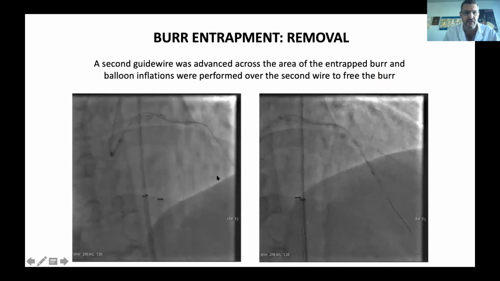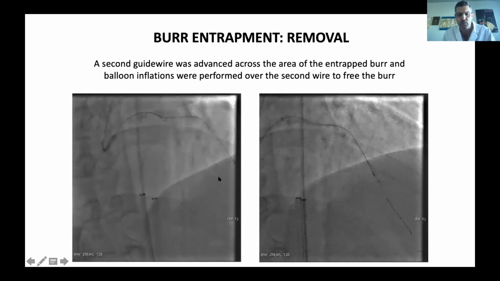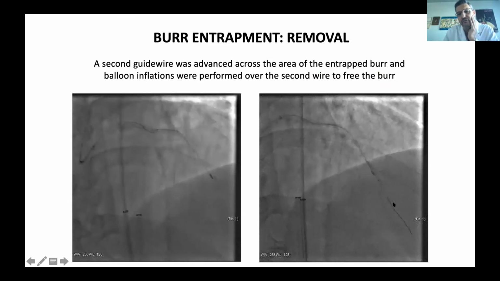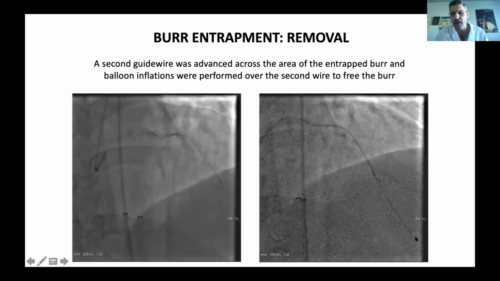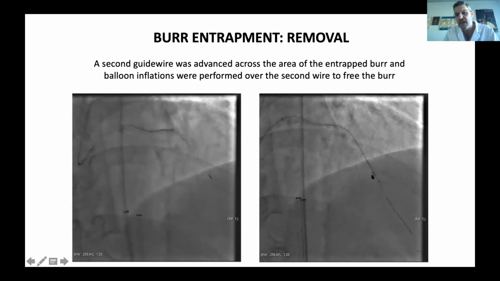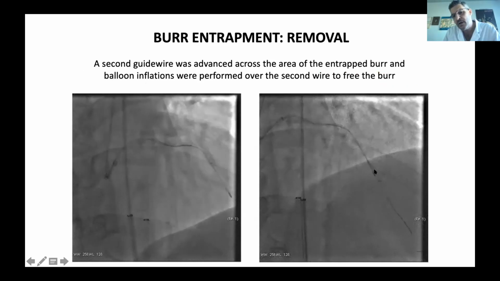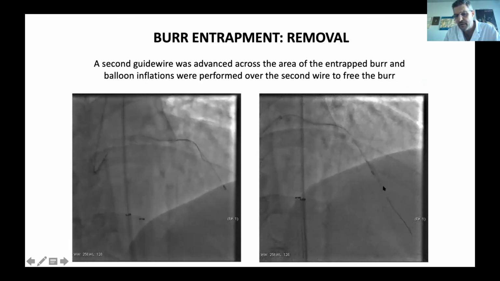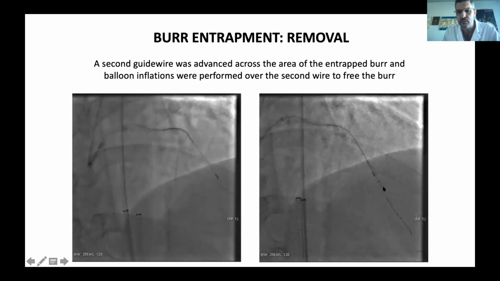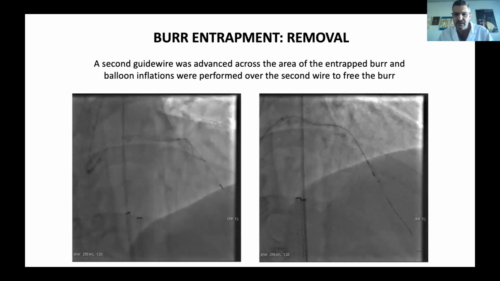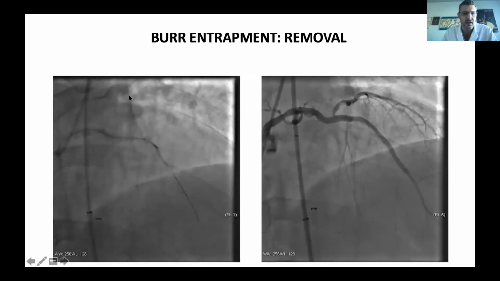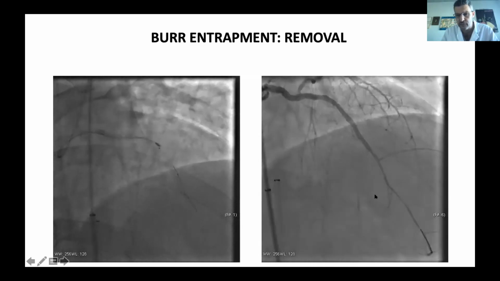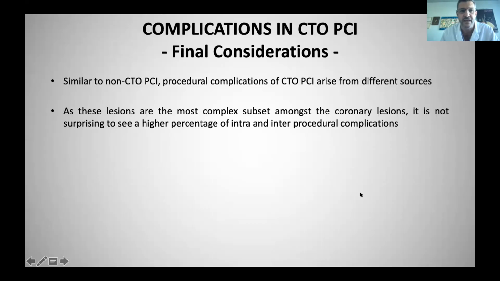He made several attempts to withdraw the burr, and finally the only thing that was effective was to advance a second wire, performing a plaque modification technique, and he was able to inflate the balloon across the site of entrapment in order to free the burr from the arterial wall, achieving successful management of this complication and also a successful recanalization of the LAD.